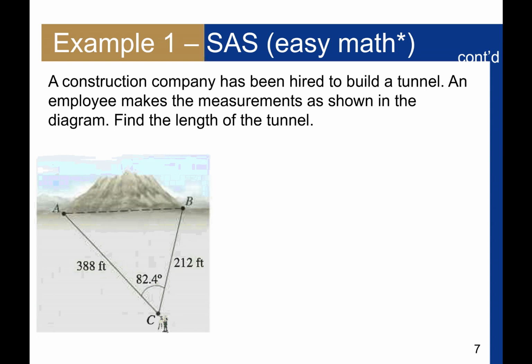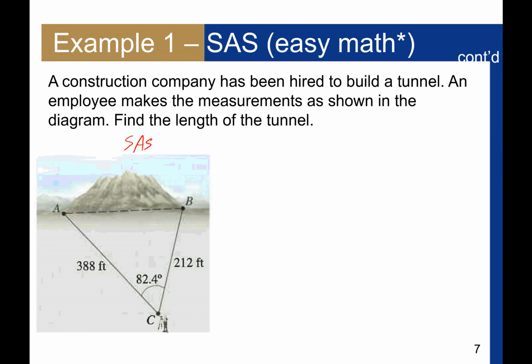A construction company has been hired to build a tunnel. An employee makes the measurements as shown in the diagram. How long is this tunnel going to be? So you can see here we have the measure of two sides and the included angle. This should remind you of side, angle, side.